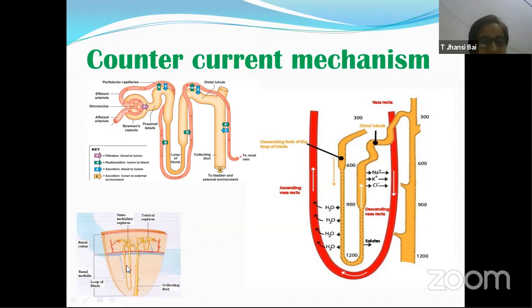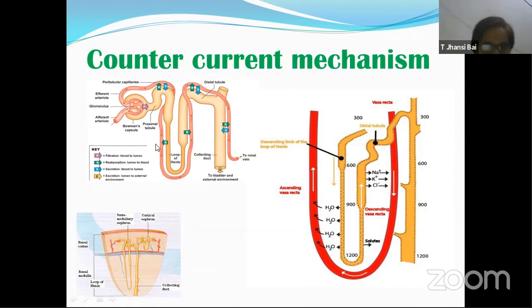And then this is the medullary region. The Bowman's capsule, PCT, that is proximal convoluted tubule, and DCT, the main important constituents of the nephron, are all located in the cortex. Whereas the loop of Henle is present in the medulla. This is the reason the medulla is light in color.